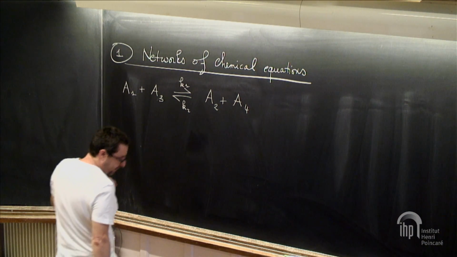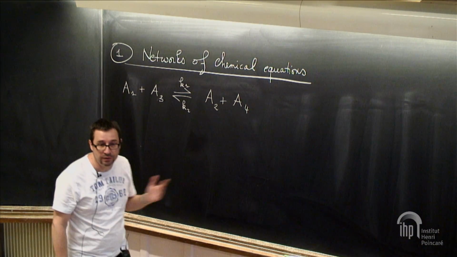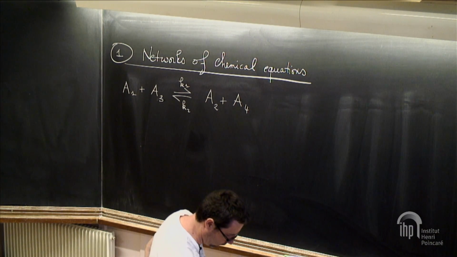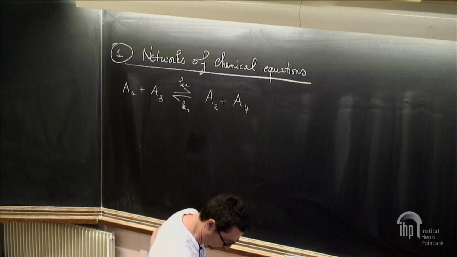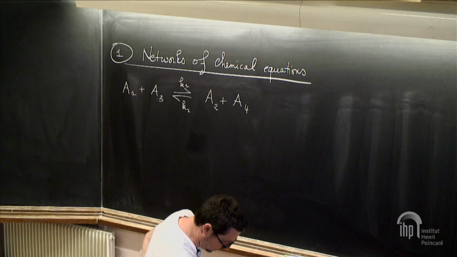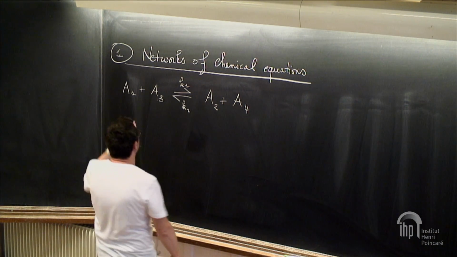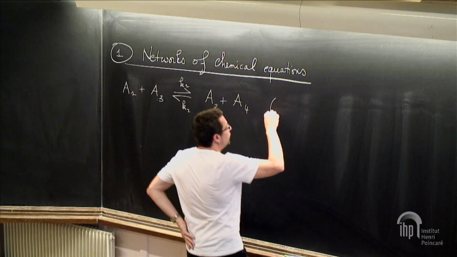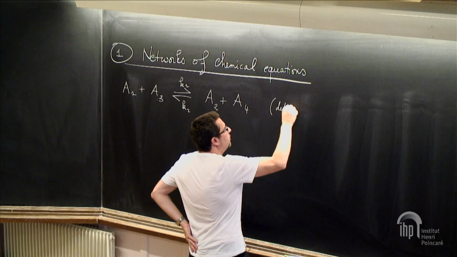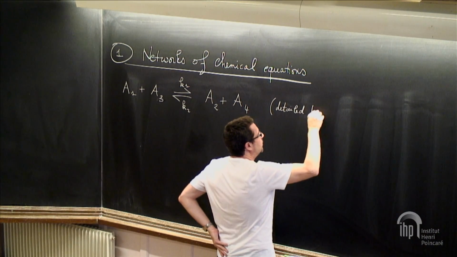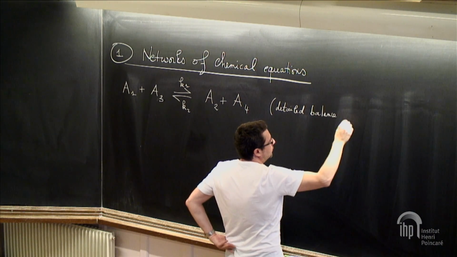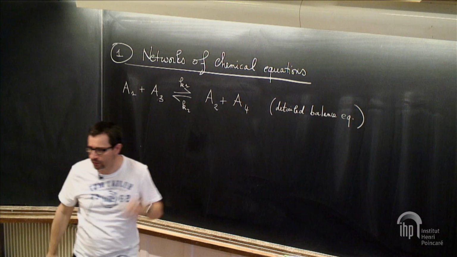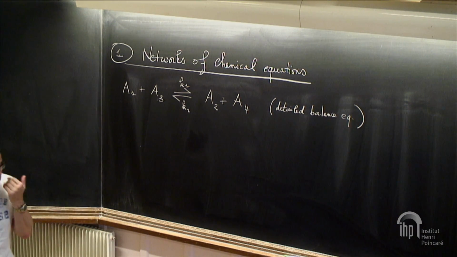And let's say this configuration can be found in a very, very large number of situations. And it is typical of a situation that we will call in the sequel the detailed balance equilibria. So this will be defined probably tomorrow.